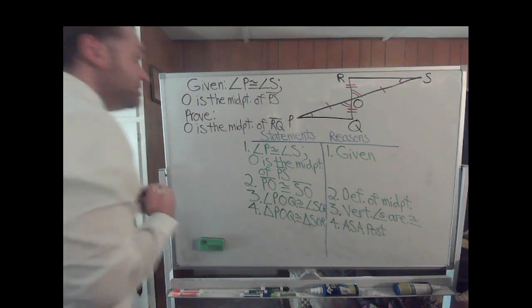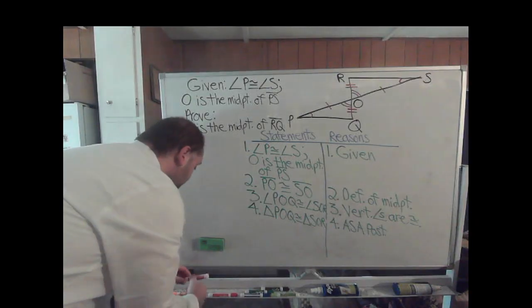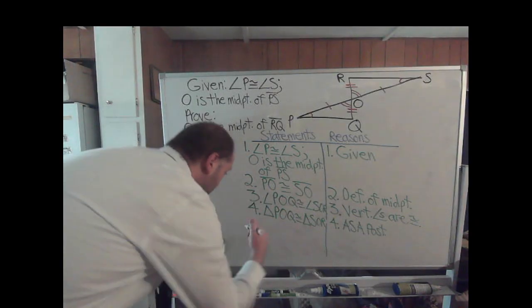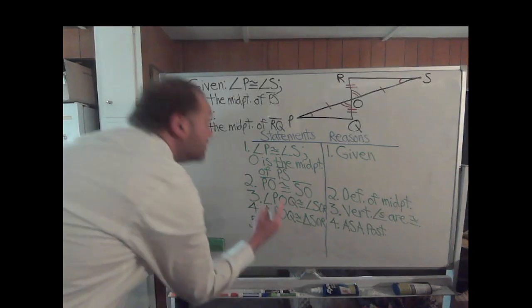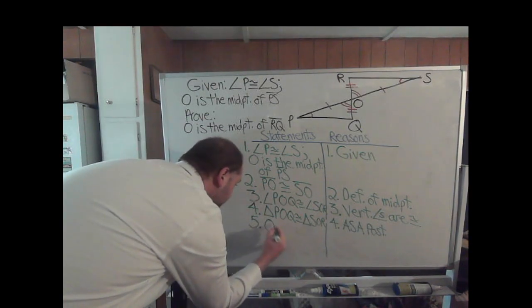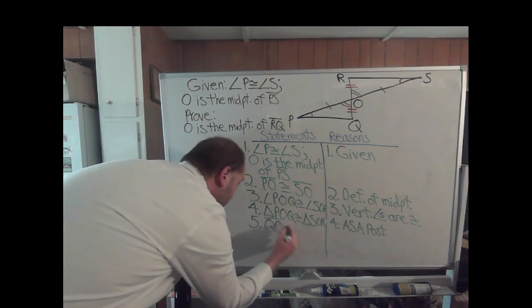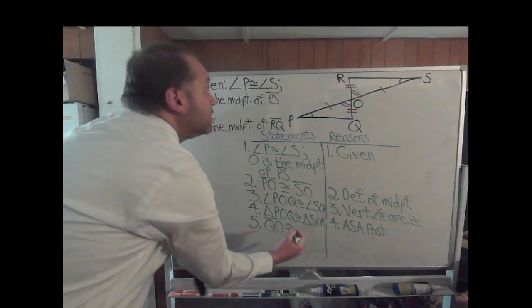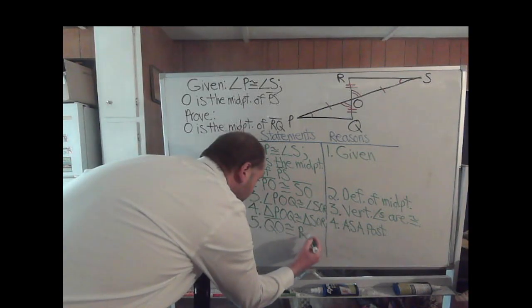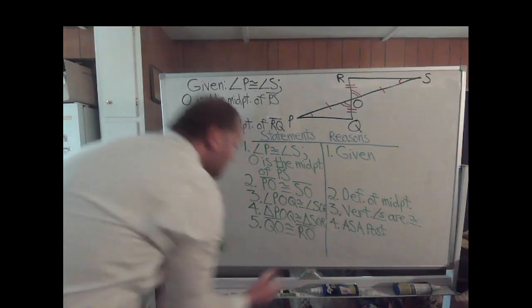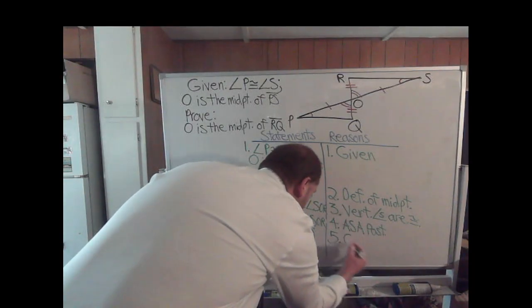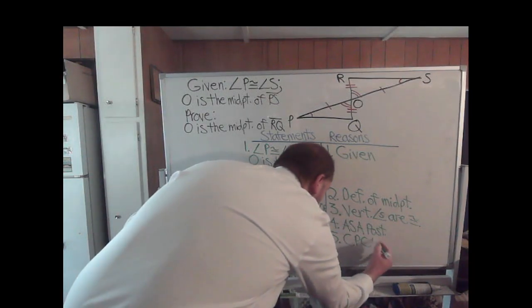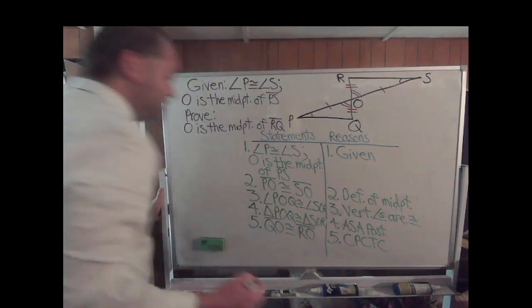So your next step is actually to say that QO is congruent to RO. And that would simply be by CPCTC. Congruent parts of congruent triangles are congruent.